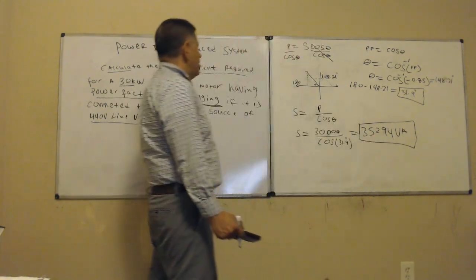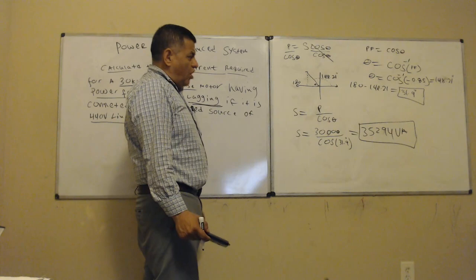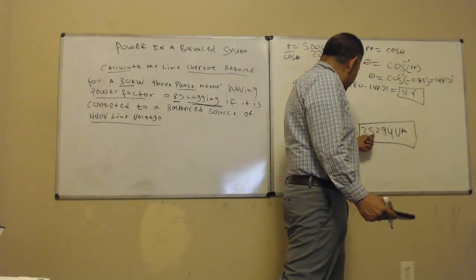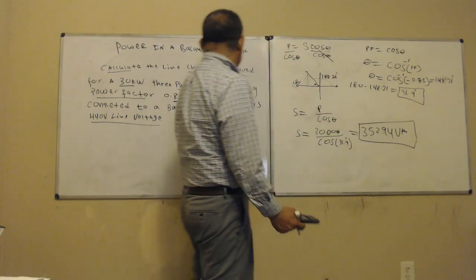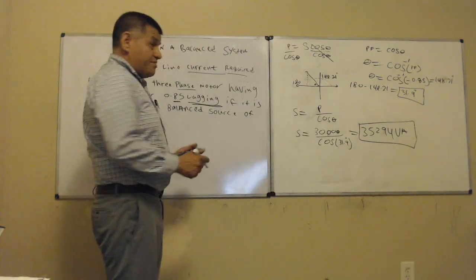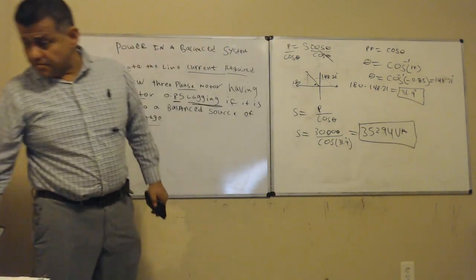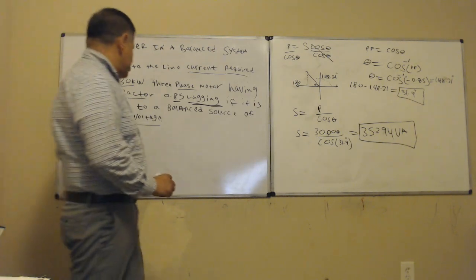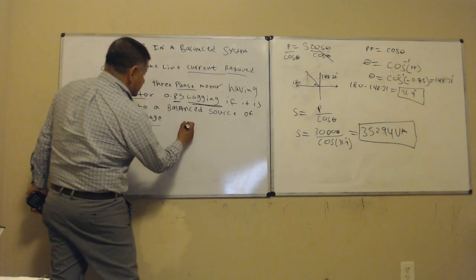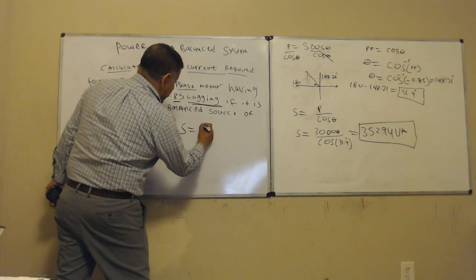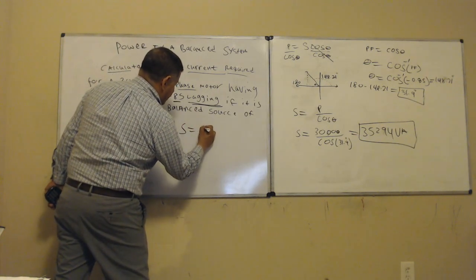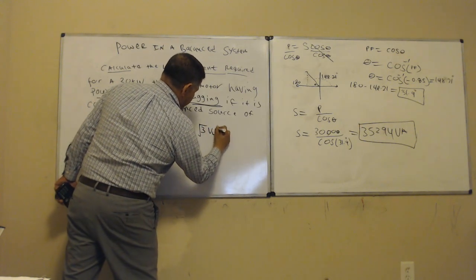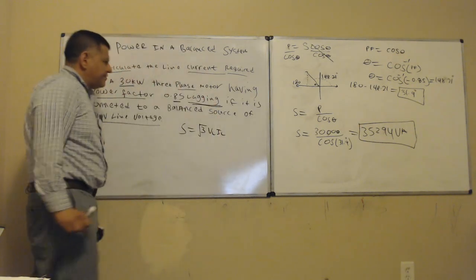Now, that means S is equal to that, right? And remember that, because I found S, S is equal to the square root of 3 times V line times I line, right?